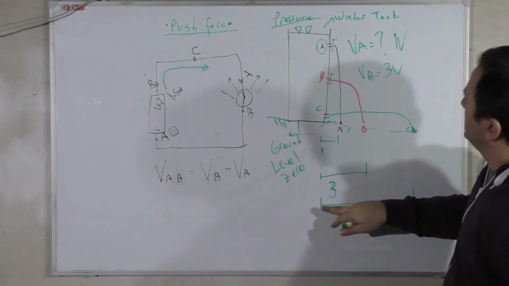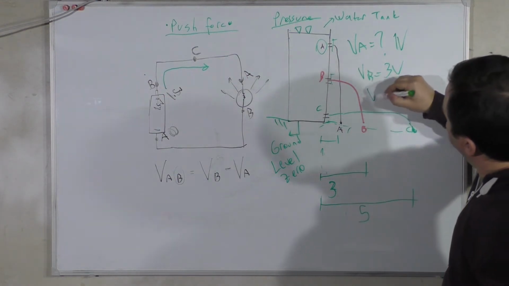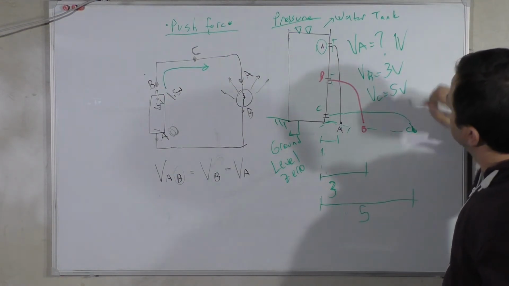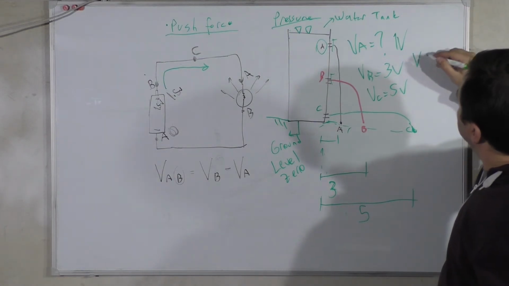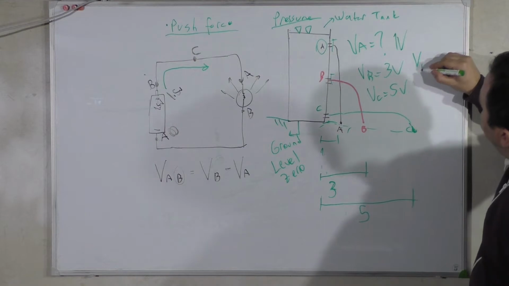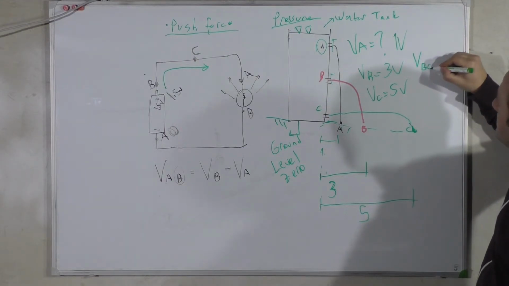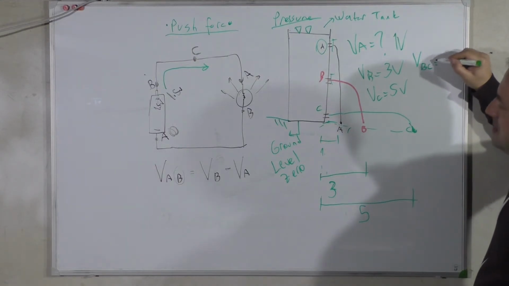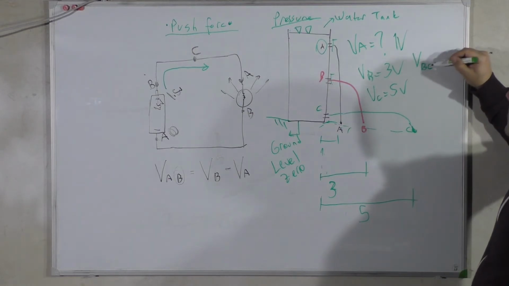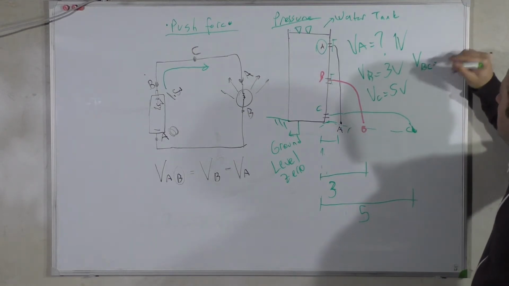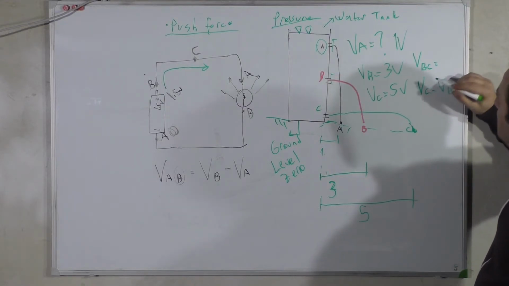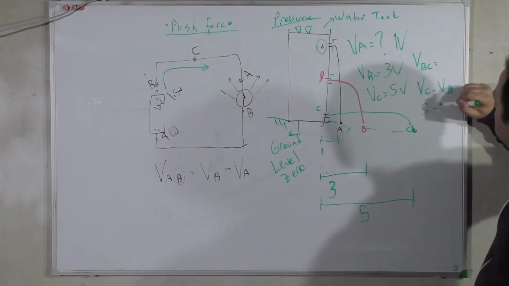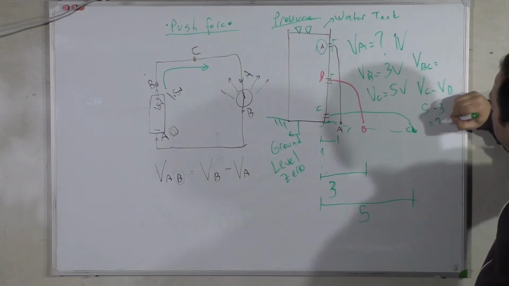What is point C? 5 volt. So what is between B and C? Our reference is C, so it is C minus B. So 5 minus 3 is equal to 2 volt.